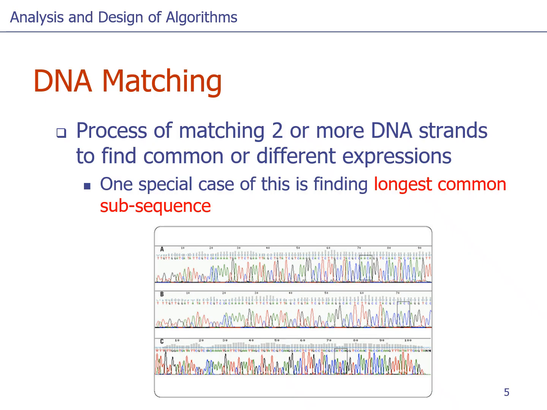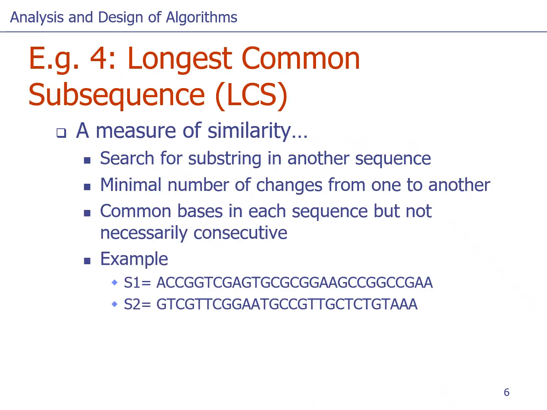Let's say I give you 2 DNA strands, each one has 500 symbols. So there are a huge number of possibilities here. It could be that there are only 2 symbols that are common between the 2 strands. And it could be 500, it could be 300, it could be 200. So this is what we're actually going to look at.